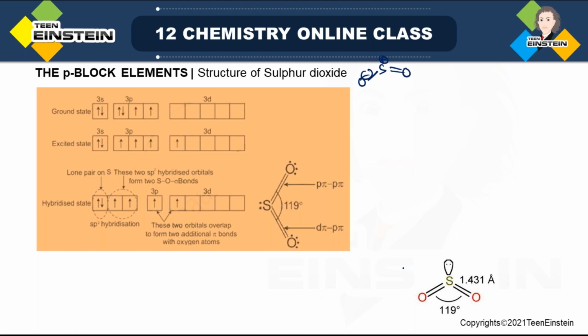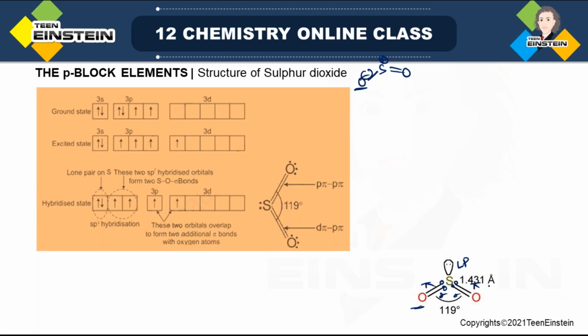But another resonance structure is also possible, which is like this. In this case, there is one lone pair, that is, of 6 valence electrons, 2 are non-bonding and the 4 electrons make covalent bonds. In the earlier structure you saw a coordinate bond, but here we do not have any coordinate bond. We have 2 sigma bonds and 2 pi bonds. So this is another possible structure. These are different resonance structures.